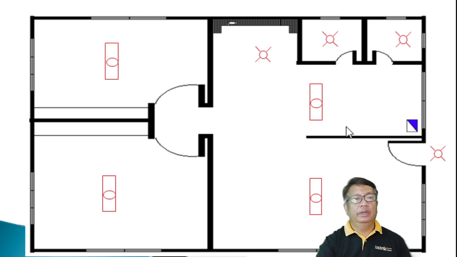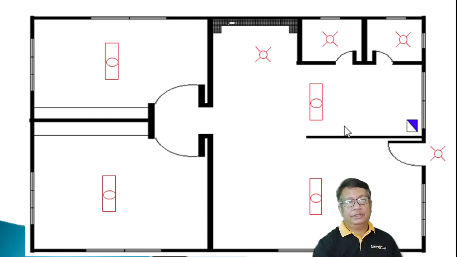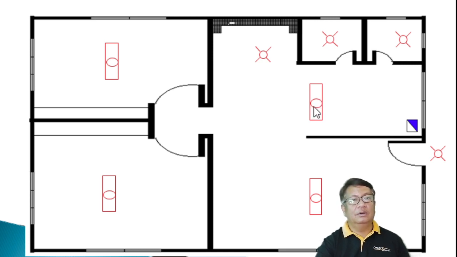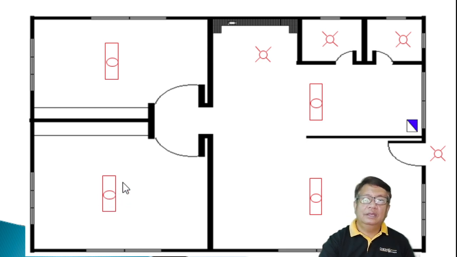Next, you are going to draw our lamps, the location of our lamps. This rectangle with a circle inside is the symbol of a fluorescent lamp. I have one fluorescent lamp in our living room, one in this dining area, one in these bedrooms, and one in this master's bedroom.